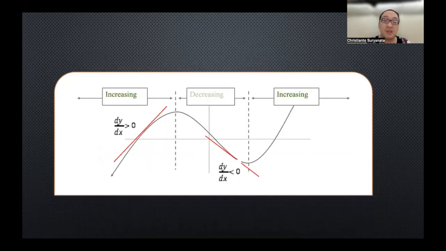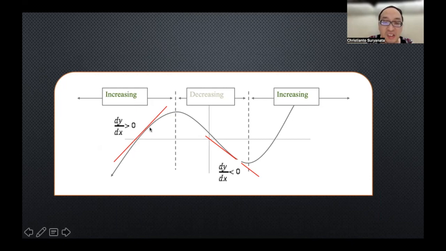Now, how do we know whether the function is increasing or decreasing? The trend of the graph can be represented by the gradient of the tangent.